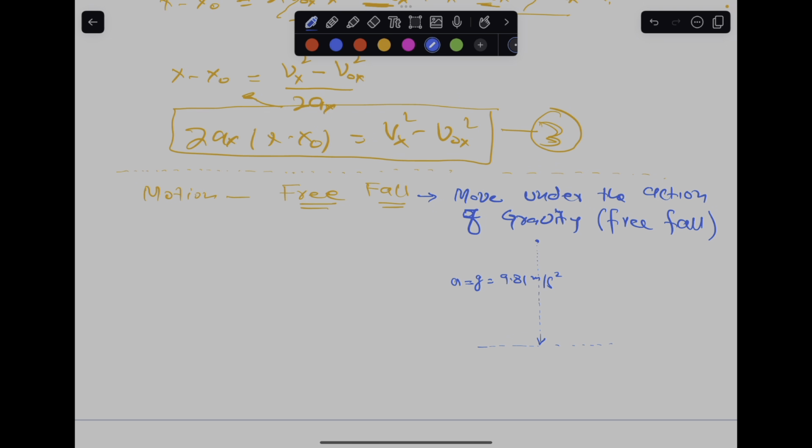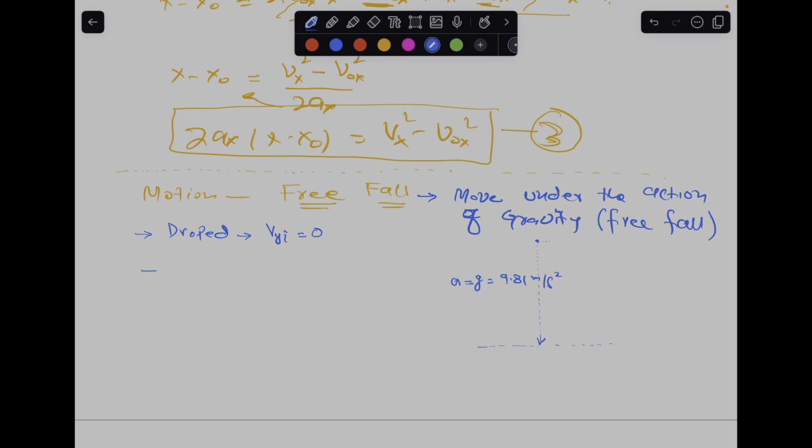If the object is dropped from here, it falls under the action of gravity, so that's why its motion is free fall. When the object is dropped from a certain height or released from rest, its vyi, the initial y component of the initial velocity, is 0.